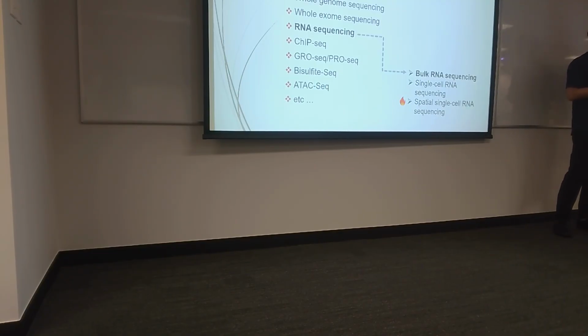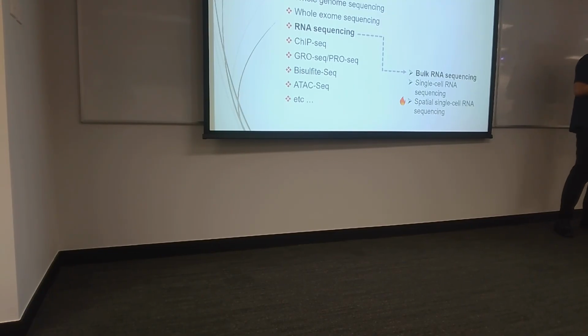For example, Stereo-seq could sequence the expression level of different genes at the nanometer level. It is becoming very popular nowadays and also generating a huge amount of data for biological samples.